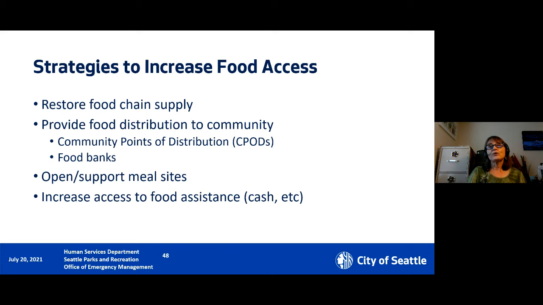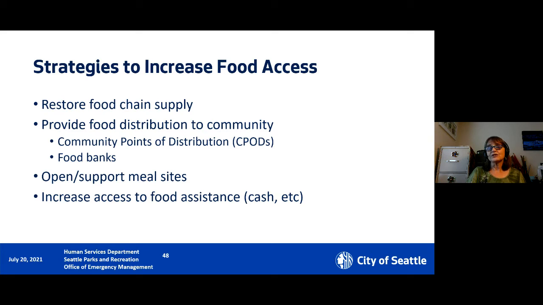During COVID, we used some strategies to increase access to food, which did include those bulk purchases of food for food banks and meal programs. We requested assistance from the National Guard for these programs.